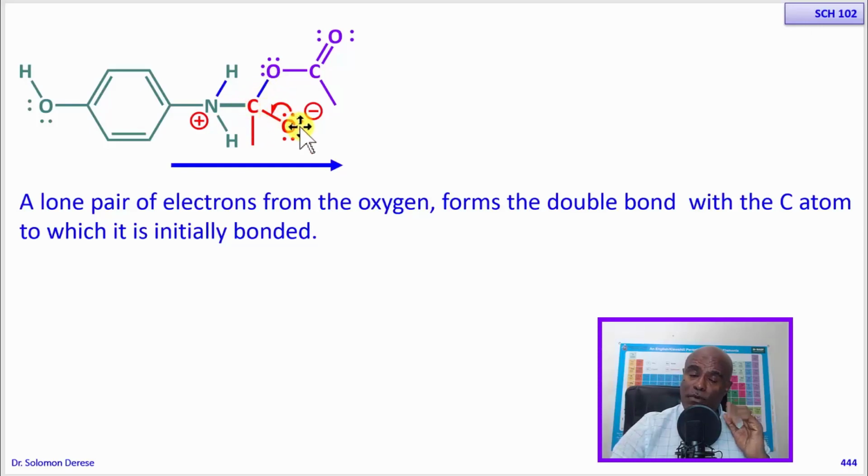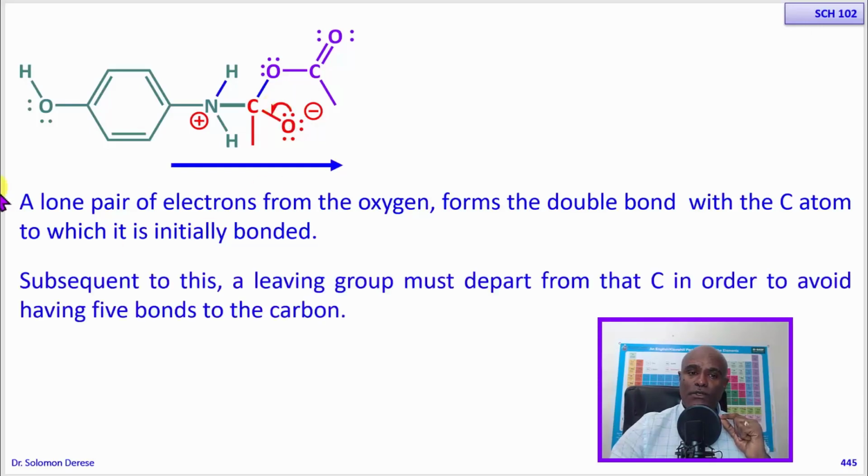Now, to form the product, the double bond has to form back. When this double bond forms back, another bond has to break in order not to violate the octet rule. So subsequent to this, a leaving group must depart from that carbon. From this carbon, we have 3 leaving groups.